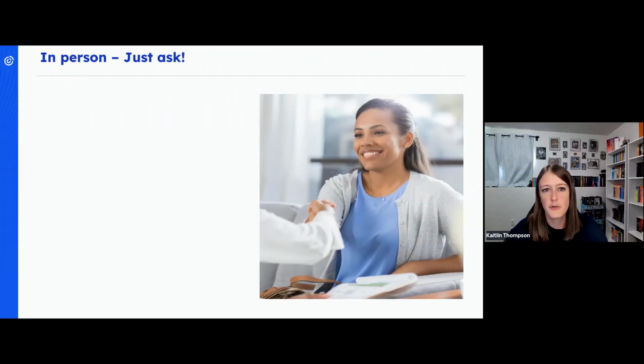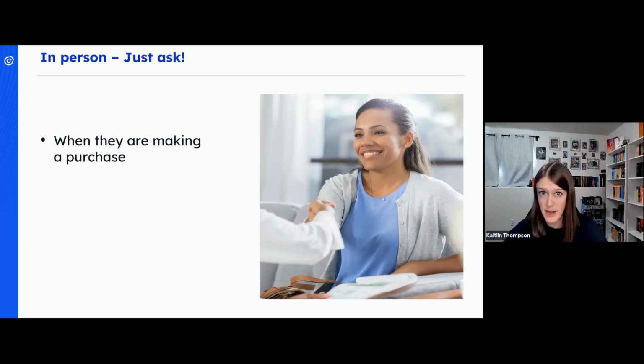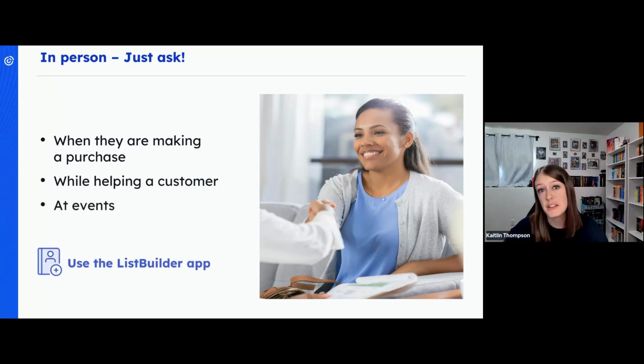To break that down, first of all, when you're talking about in-person interactions, it's really anywhere you're interacting with current or potential customers or supporters. Maybe when you're accepting donations in person or they're making a purchase at your store, just while you're helping a customer in any way. And then events are a really good place, in-person events, when you're interacting with people.